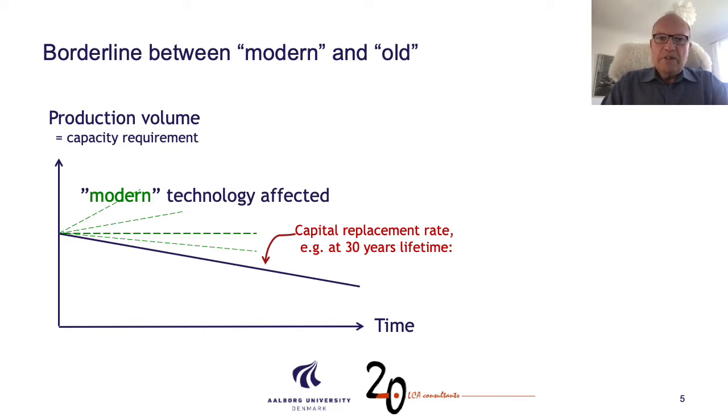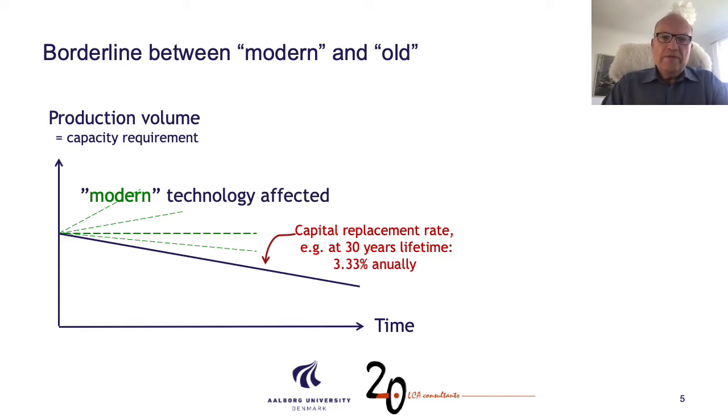If, for example, we say we have a lifetime of your capital of 30 years, then the capital replacement rate per year will be 3.33%.